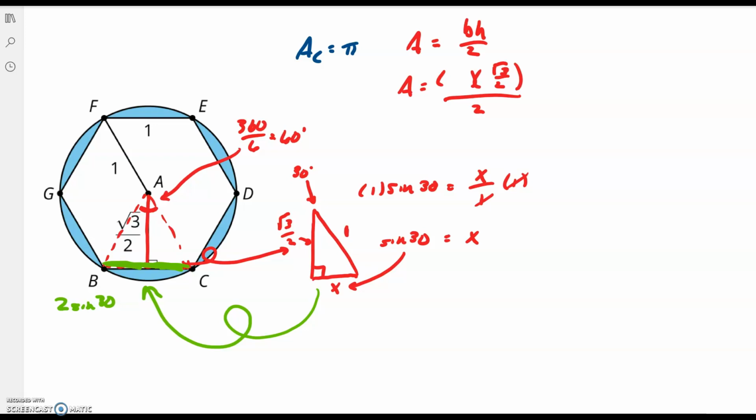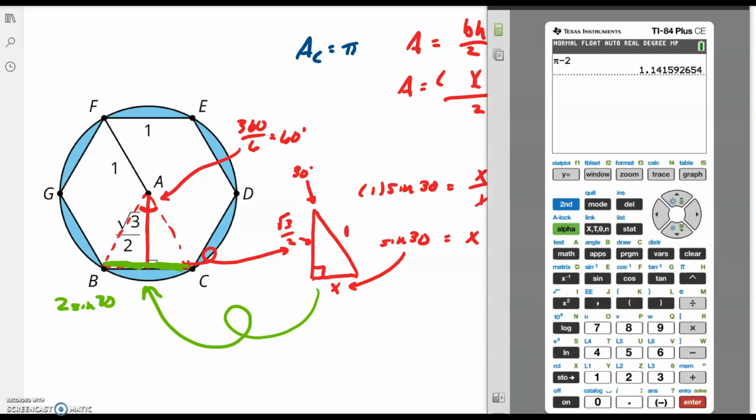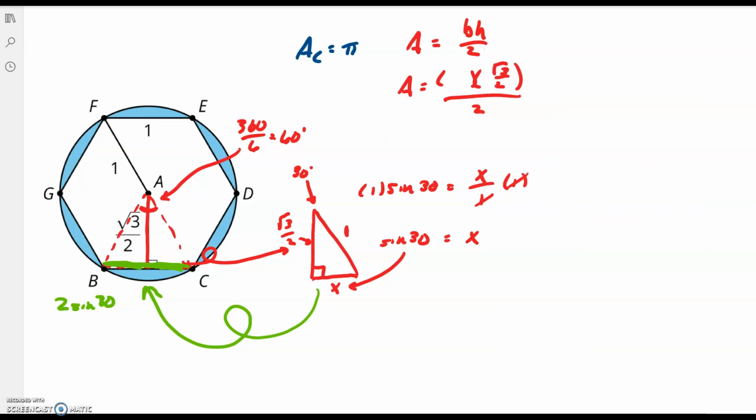Take 2 times the sine of 30, and I get a value of 1. So now I know the length of my base is 1.